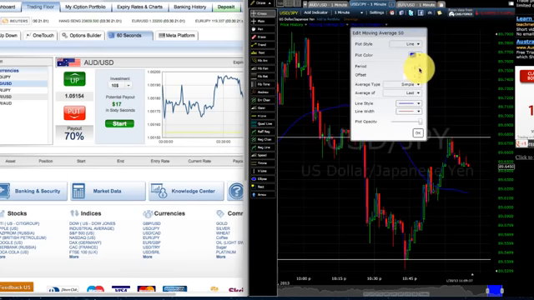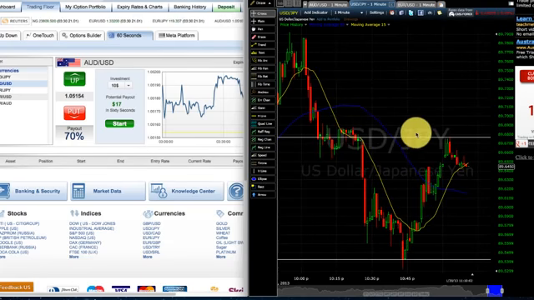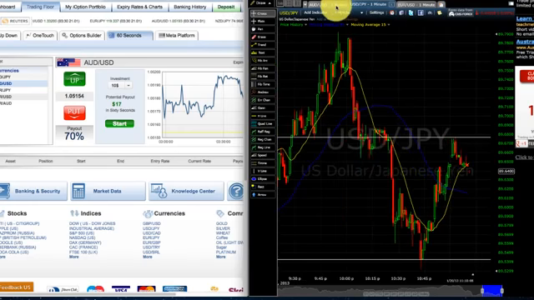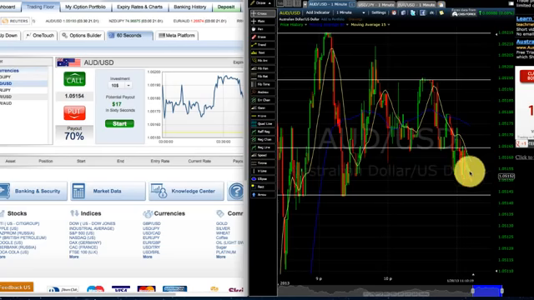Let's go 15 days, and we'll make it yellow. This looks like it might be starting to trend downwards.